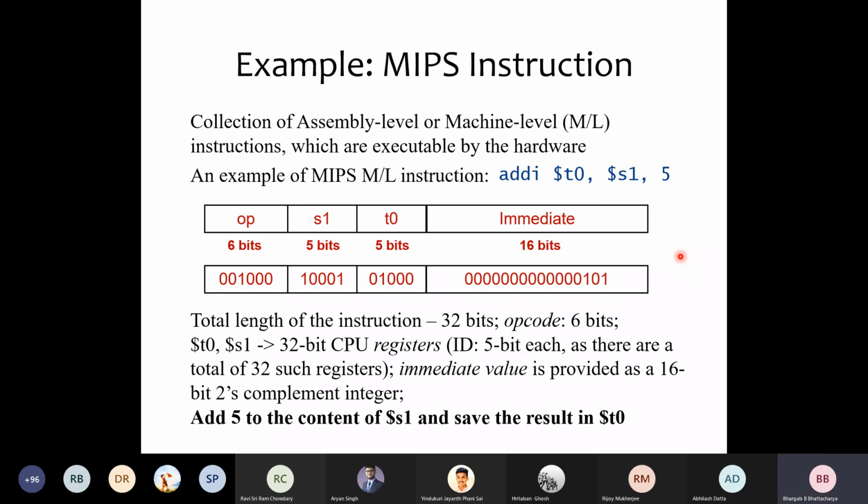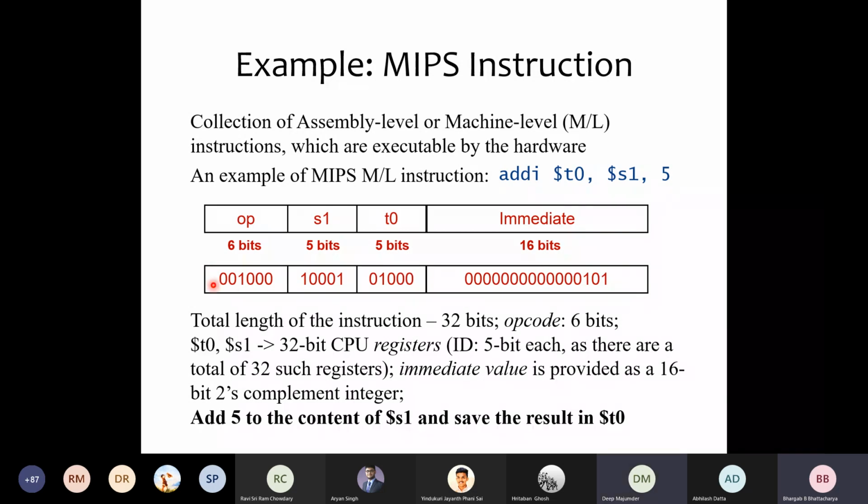The content of S1 is 32 bits, but 5 is encoded here as a 16-bit 2's complement number. So what is the problem? Is it the fact that we only have 16 bits, or that the number of bits in the two things are different, like one is 32 and one is 16? Because you can always put the 16-bit value into a 32-bit register and add them. Well, see, you have a budget of 32 bits for the instruction, right?